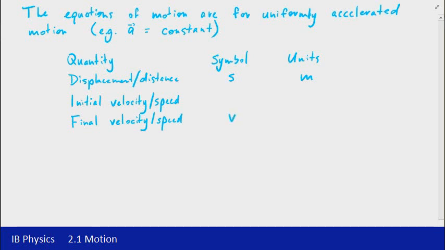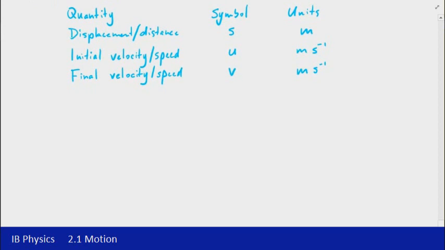We're going to use v now as the final velocity. We're going to use u as the initial velocity, and the units for both of those are meters per second. The reason why we use u, if you just think about it, v is velocity, go one letter previous in the alphabet and you get to u. So nothing particularly important there, just be aware that u is initial velocity, v is final velocity.